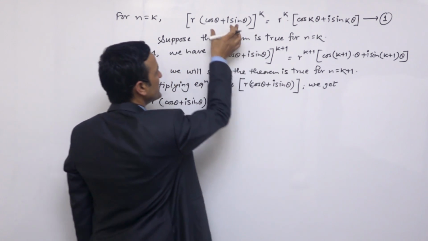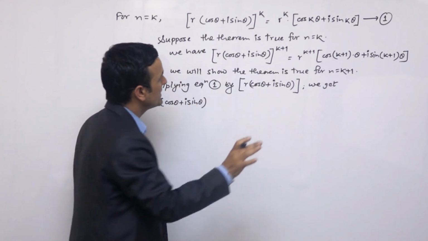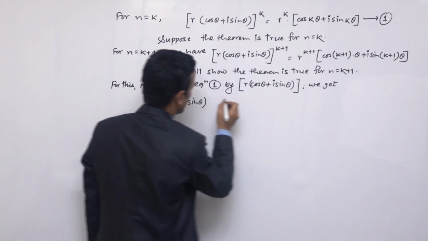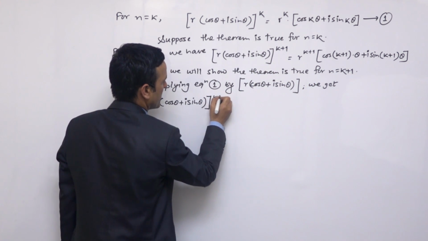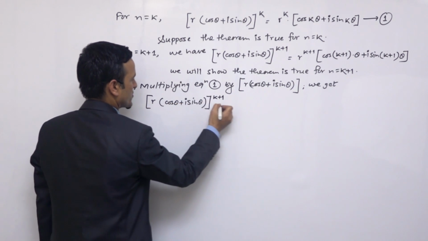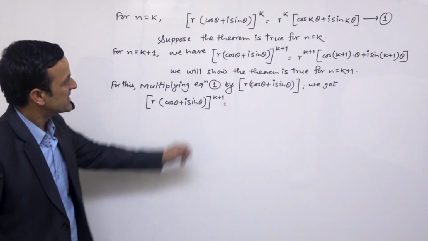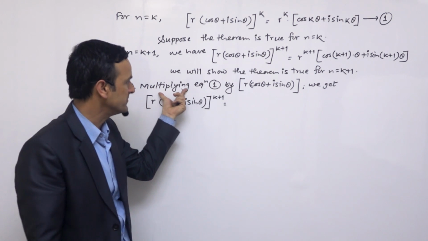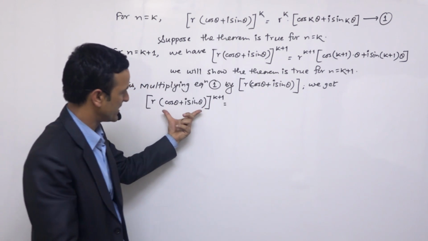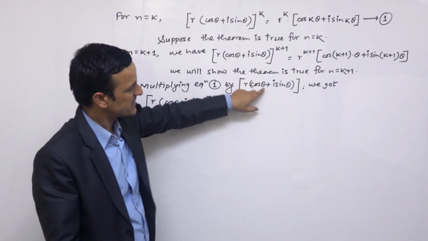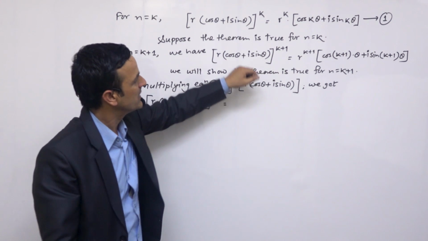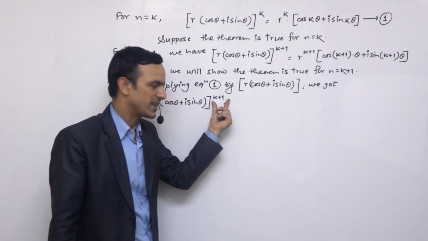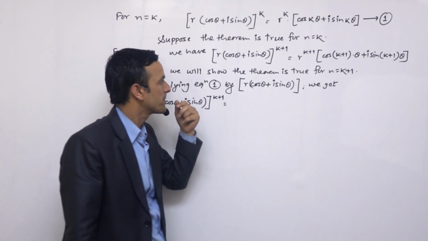So this polar form and this polar form are same, so here is k and here is 1 so we can write down k plus 1. LHS, this LHS into this multiplying term, if we multiply together then we get this term; same base, this base same and power is k, here is power 1 so we can write k plus 1.